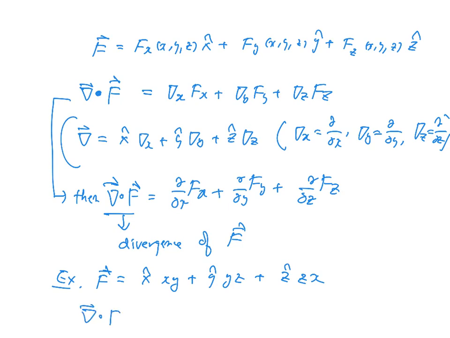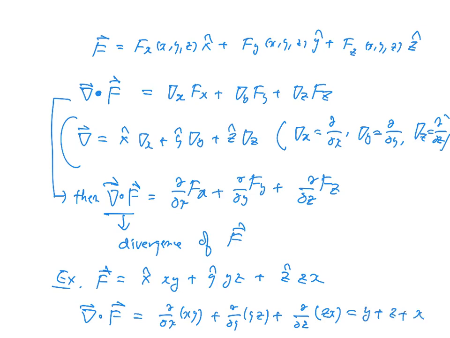The divergence of F is simply partial xy over partial x, partial yz over partial y, partial zx over partial z. So what do you get if you differentiate xy by x? y. yz by y, z. zx by z, x. So this is y plus z plus x, right? Very simple. So the divergence of a vector is a scalar.